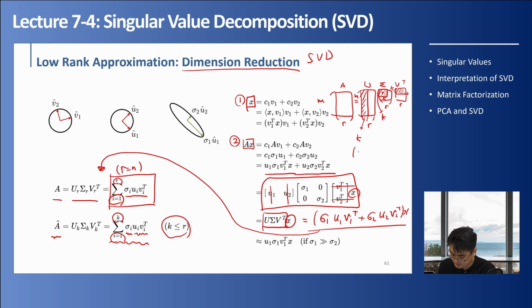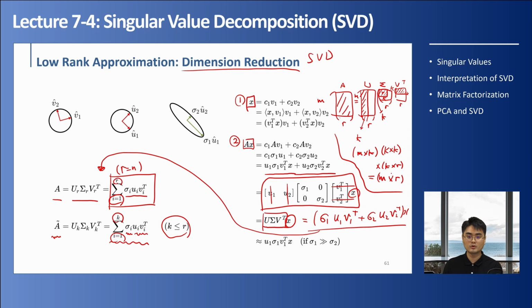Now we have a matrix multiplication of M by K, K by K times K by R, and the final result will have the size of M by R, which is the same as the original matrix A. So even with a part of the eigenvectors in U and V, we are able to reconstruct our A matrix using smaller information.